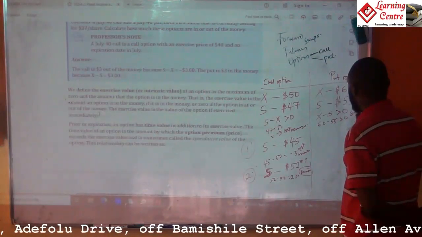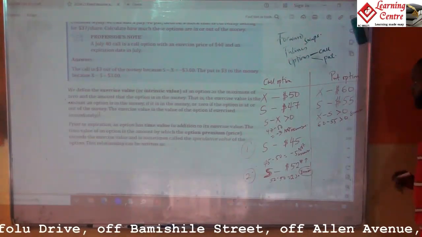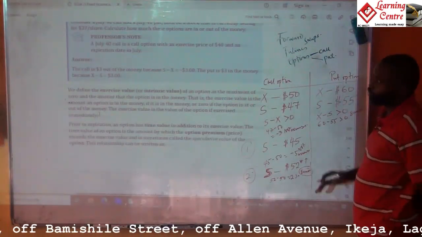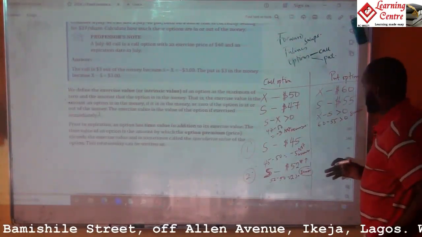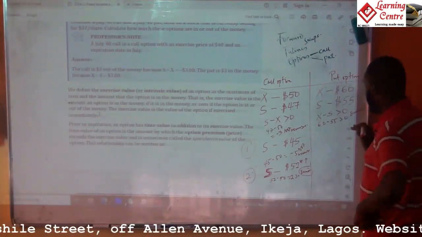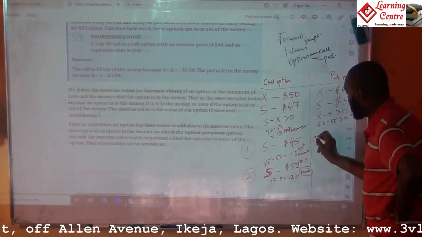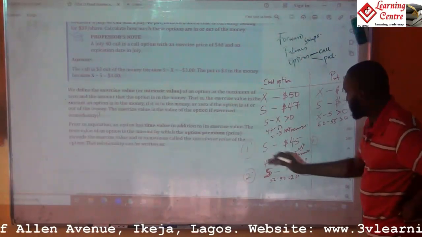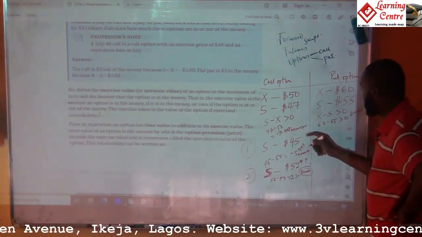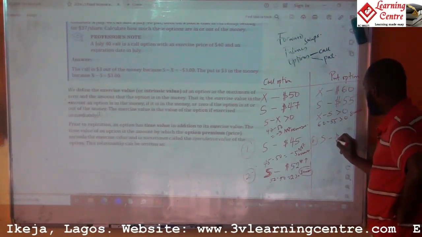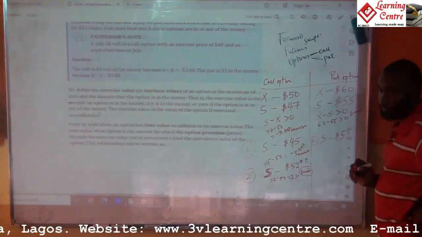So I will exercise. It's important you note this, or this thing I'm doing here is very important for you to understand options and pricing and valuation. Okay, so let's take our scenario 1, just like we did here, and then let's reduce this. So this will now go to 51.